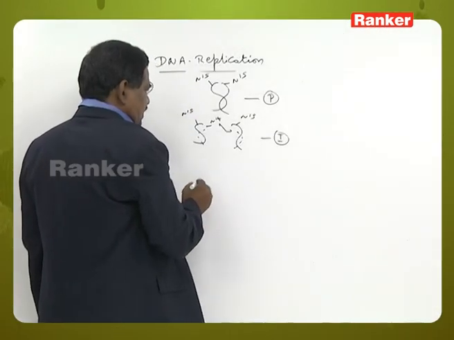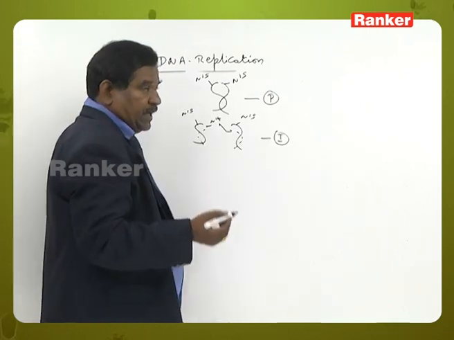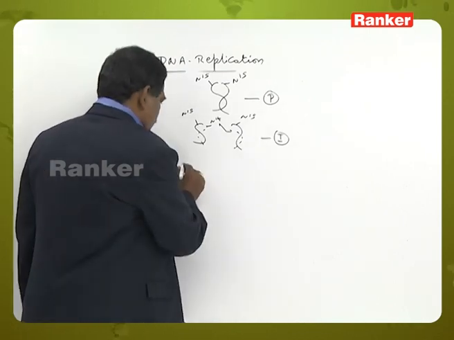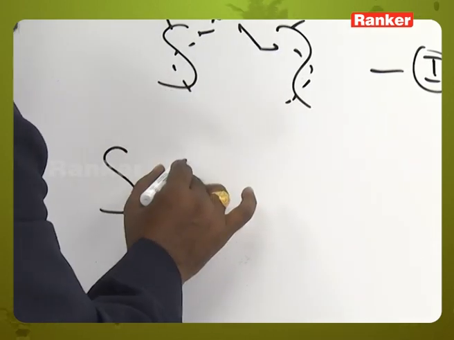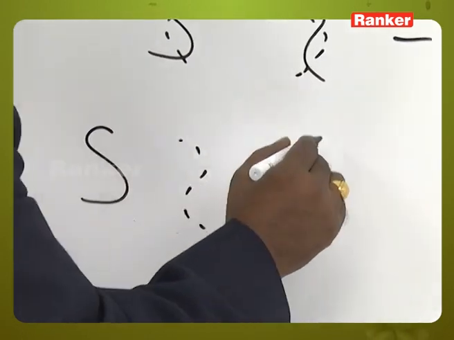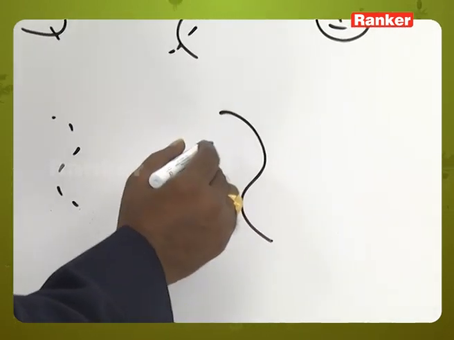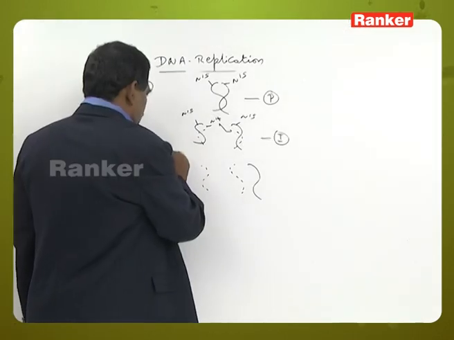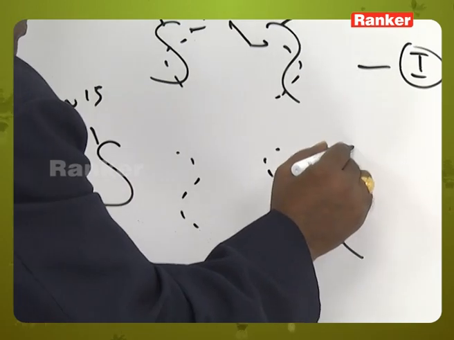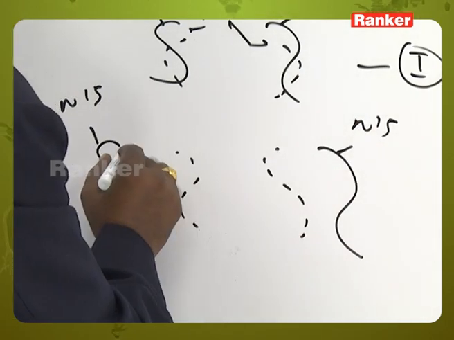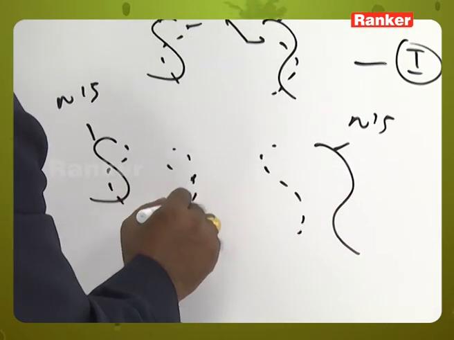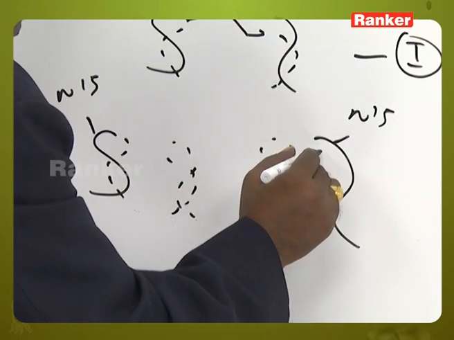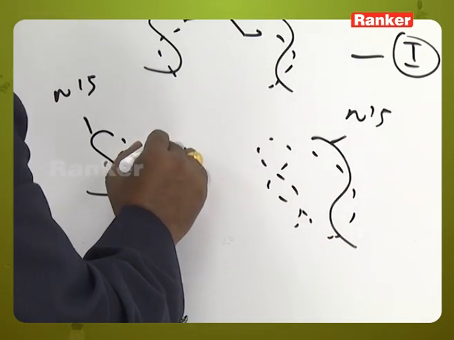In the second generation, 4 DNA molecules are formed. These two are separated. It is the only N15. It is the only N15. Remaining all strands are N14.